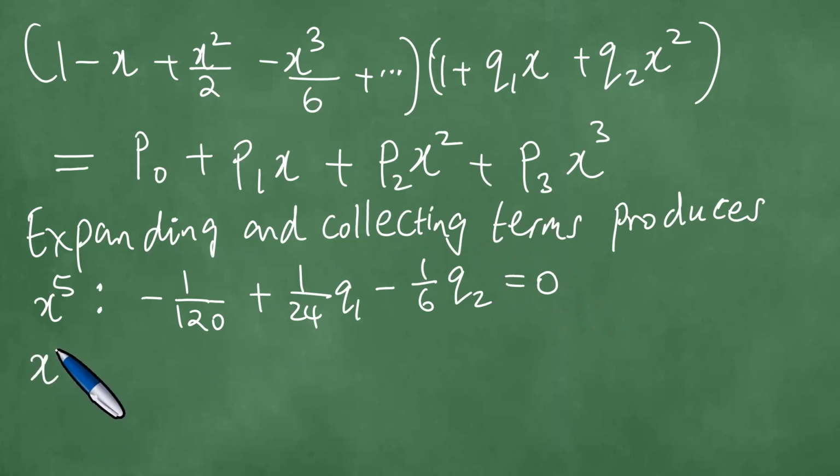Now, x to the fourth power. There's going to be an x to the fourth power, which is going to arise when you multiply these with that. These are factorials, please.